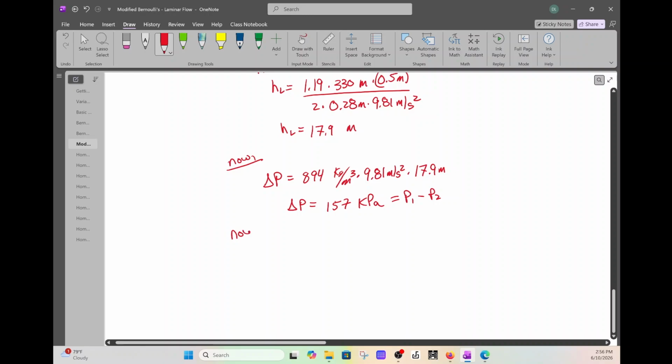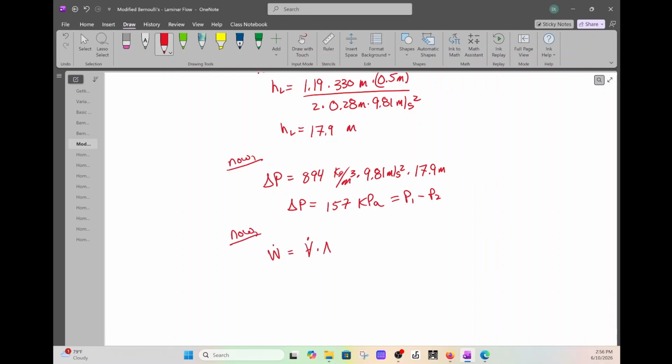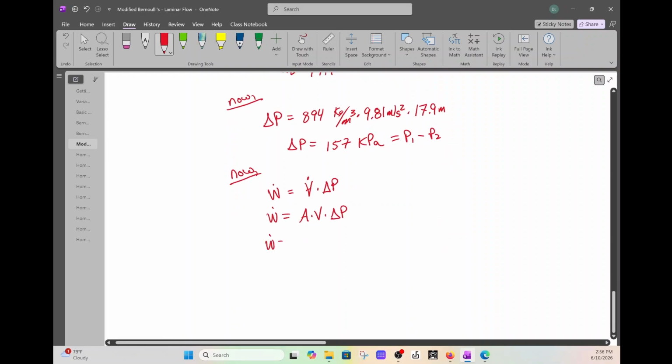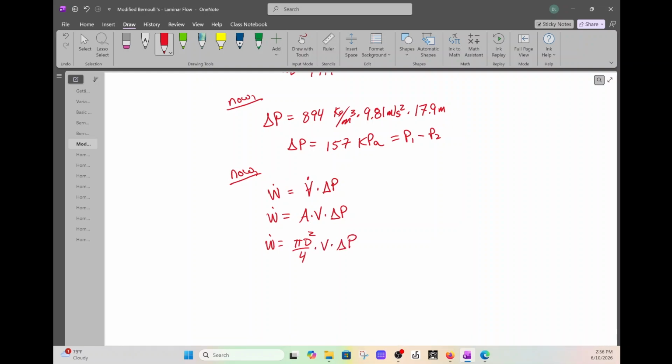Okay, and then now we can calculate the power required, which is V dot times delta P. W dot is A times V times delta P because we didn't give the flow rate. And the area is pi d squared over 4 times the velocity times delta P. And now we can break it down. 0.28 meters squared over 4 times 0.5 meters per second times 157 kilopascals.